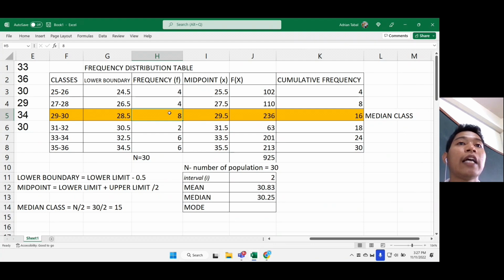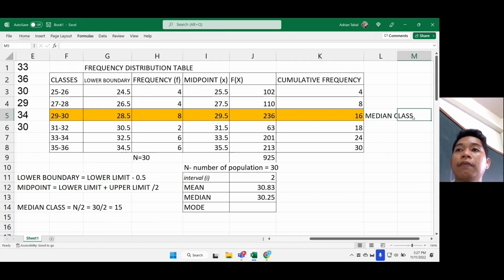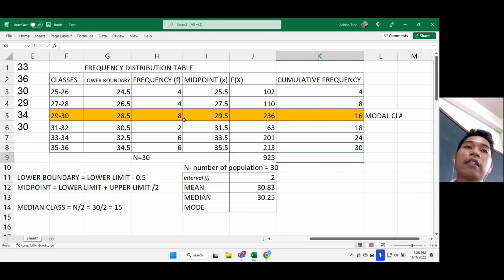So the median class is also our modal class. To find the modal class, just look at the highest frequency, and that is our modal class.